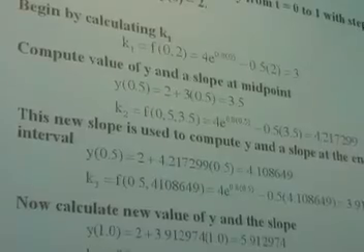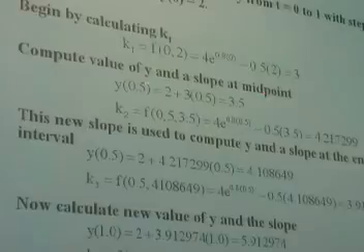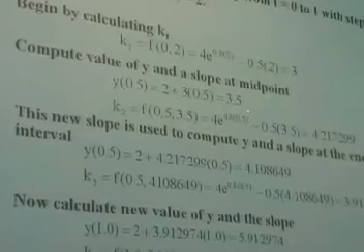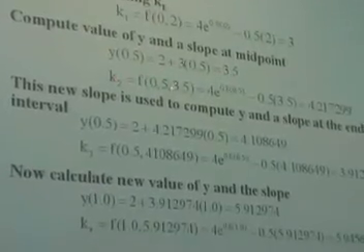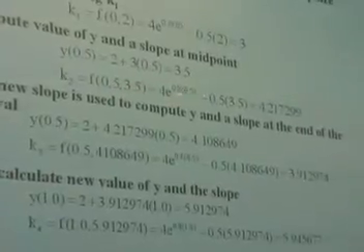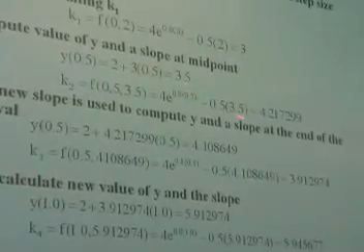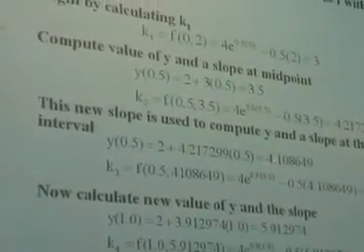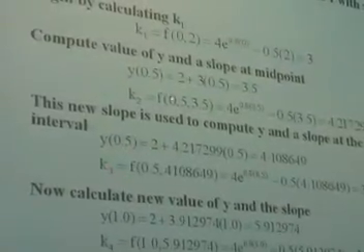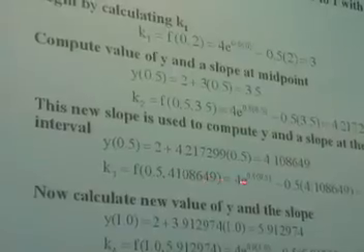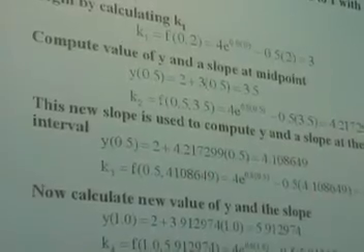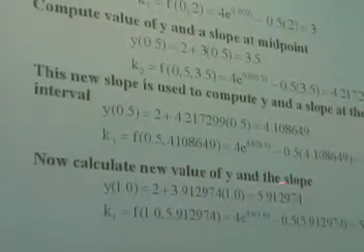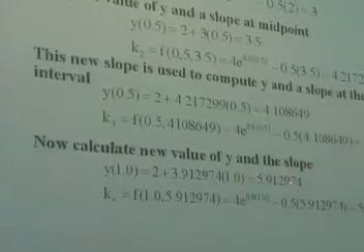All right, compute the value of y and a slope at the midpoint. Okay, plug that in, we get 3.5. K2 now. So here is 3.5. We evaluate the relation now with this, 4.21. That's the new slope. Plug that in. Now calculate K3. Plug that in. 3.91. Now, new value of y and the slope, 5.9.